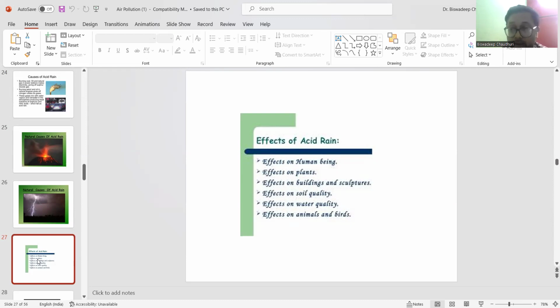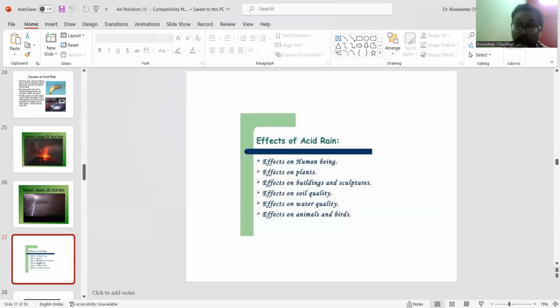Suppose you have a paddy field, you have grown some plants, and in the meantime, some acid rain happens. What will happen? Due to the presence of some acid in that water, some plants will get disease or their natural growth may be hampered. And for soil quality, it will reduce the soil pH.